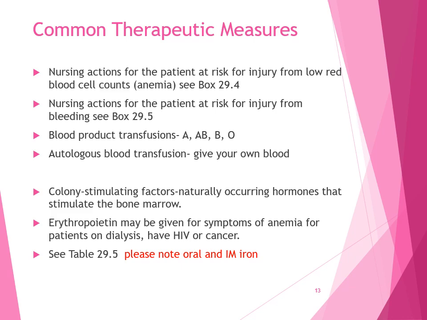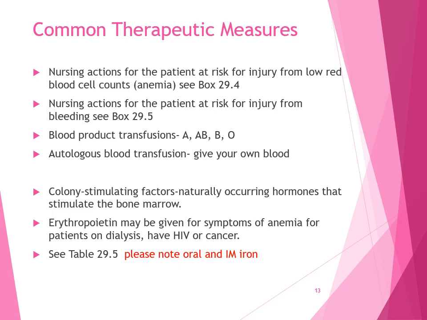Now let's go to blood product transfusions, the A, AB, B, and O. There's also an autologous blood transfusion where you give your own blood. Autologous always means it is your own blood. You've given it to the blood bank to give back to you.